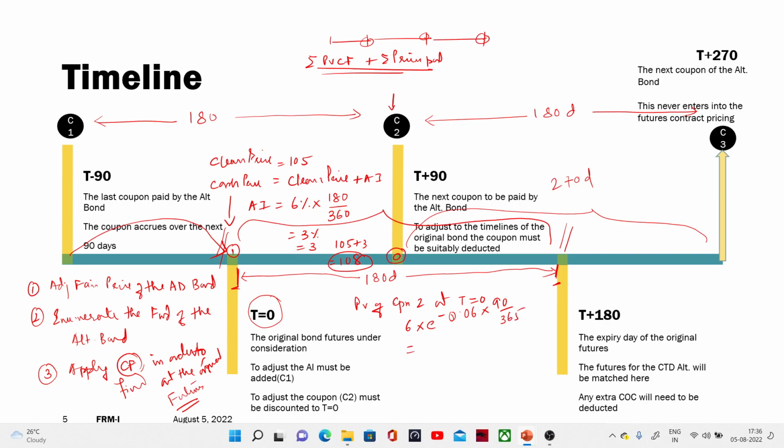Okay, so if you do this math, this would come out to be somewhere, I've just done it at my end.